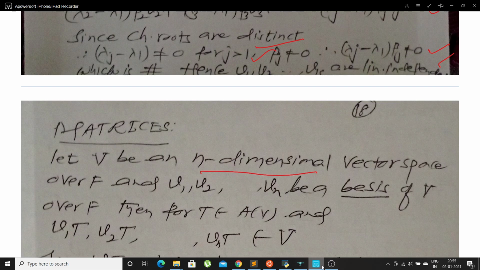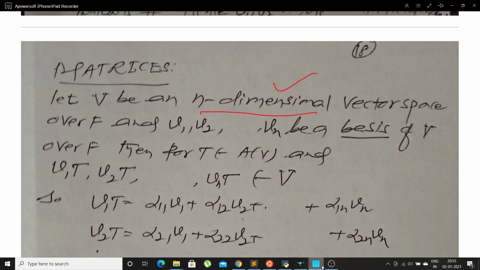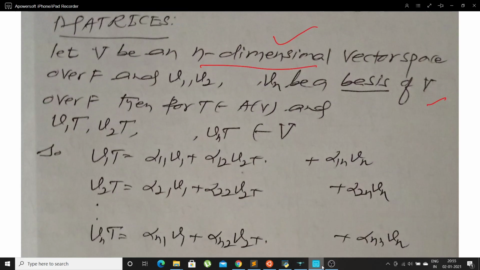A basis, because we see the word dimensional. Let v1, v2 and so on up to vn be a basis of the vector space V over the field F.